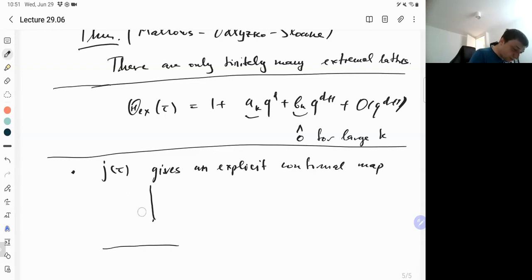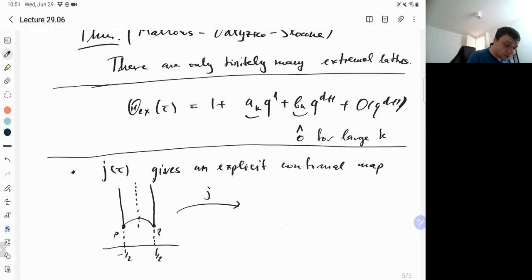Don't make this picture yet, I will destroy it in a second. So there's i and rho. And J maps this thing to a cut complex plane.